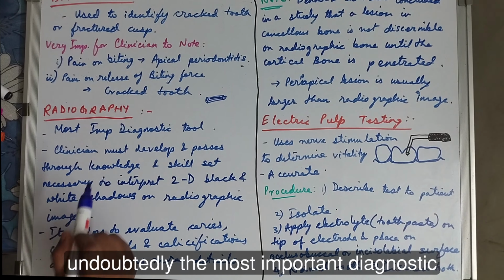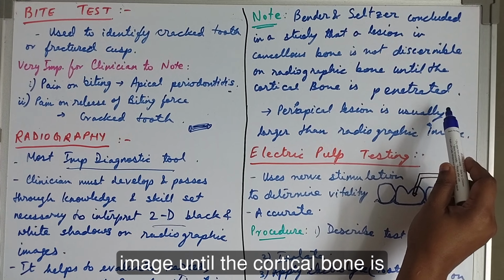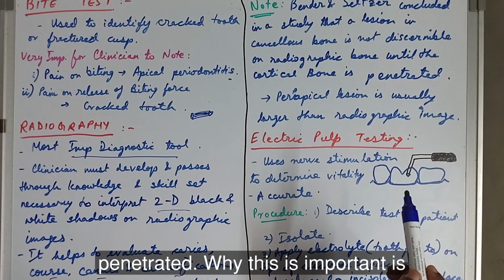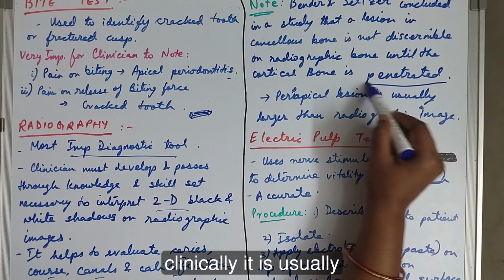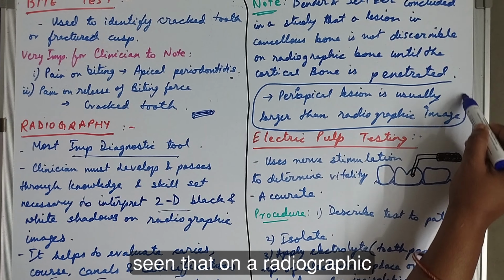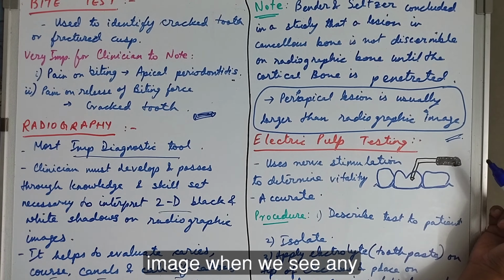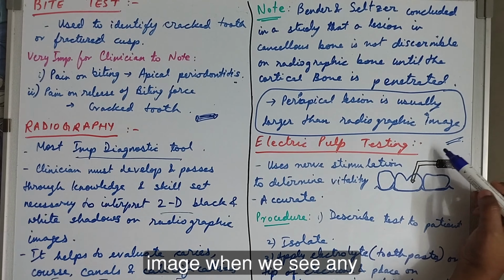It is important to note that Bender and Seltzer concluded in a study that a lesion in cancellous bone is not discernible on a radiographic image until the cortical bone is penetrated. Why this is important is that clinically, on a radiographic image, we see a lesion, for example in a tooth, where dental caries is involving so much of an area and here is the pulp.